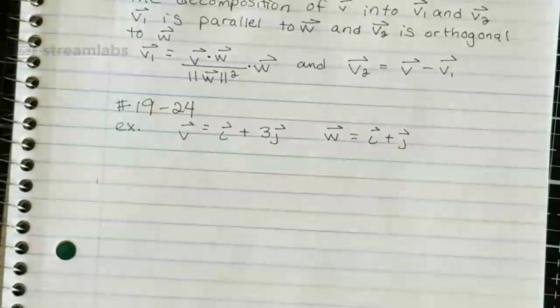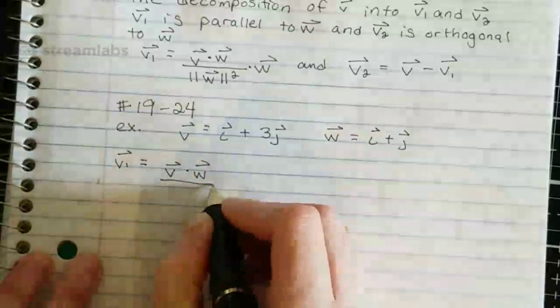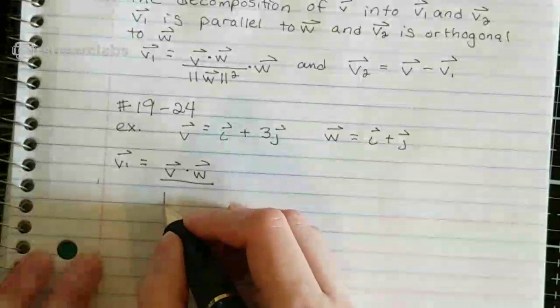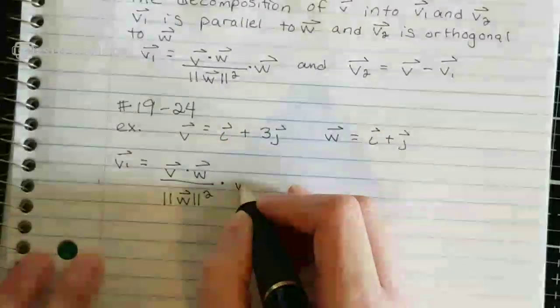So V dot W, that's the dot product, over the magnitude of W squared times W. So we're going to do the dot product here on the top.